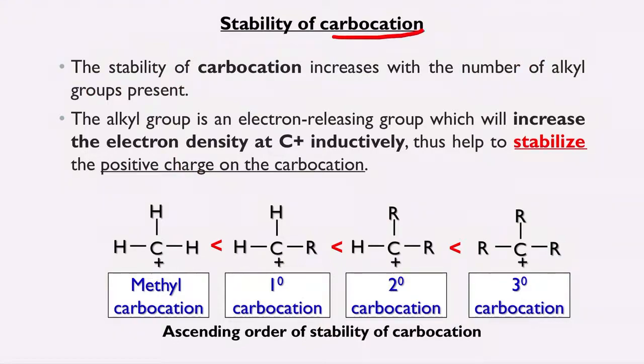Same case with carbocation because carbocation is C+ kan. That means that awak punya carbon tu it lacks electrons, so it wants electrons. So what you're gonna do is, the same concept you're going to apply daripada free radical tadi. Okay, since alkyl group is an electron releasing group which will increase the electron density at carbon plus inductively, therefore it will help to stabilize the positive charge on the carbocation.